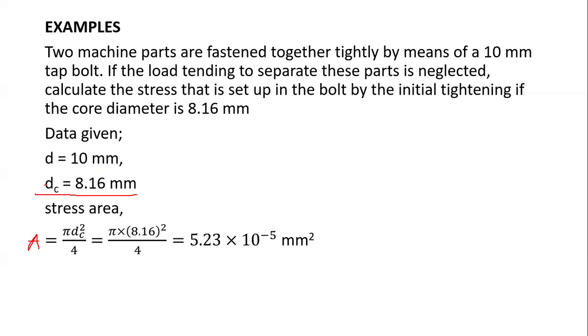We were given that in this case it's 8.16. So we square it and divide by 4. Then it is equal to 5.23 by 10 power negative 5. Our answer is in square millimeters. So 5.23 multiplied by 10 power negative 5 square millimeters.